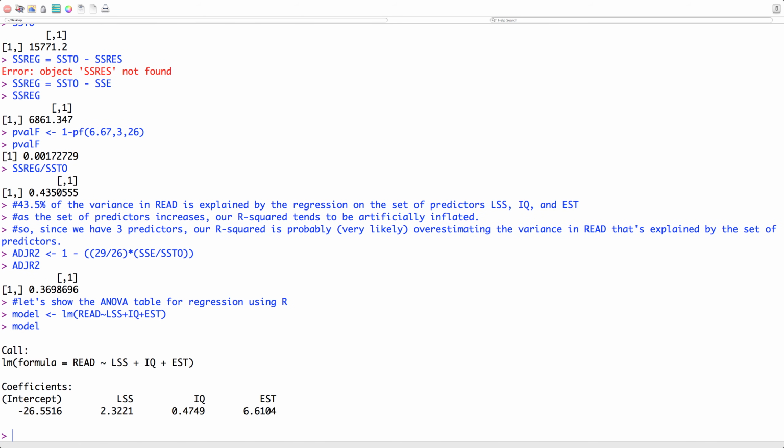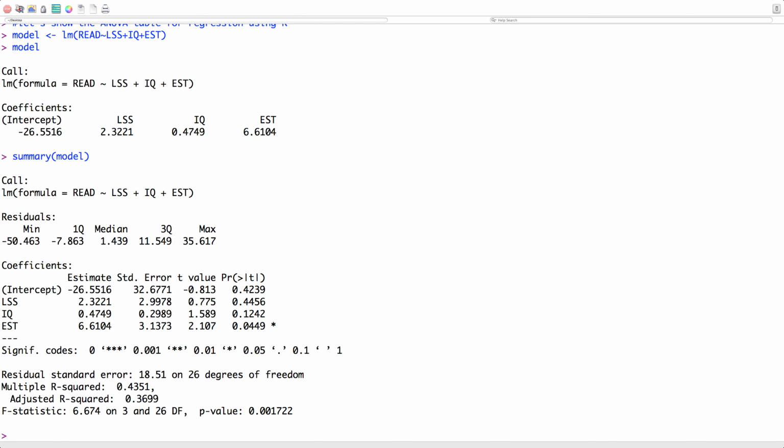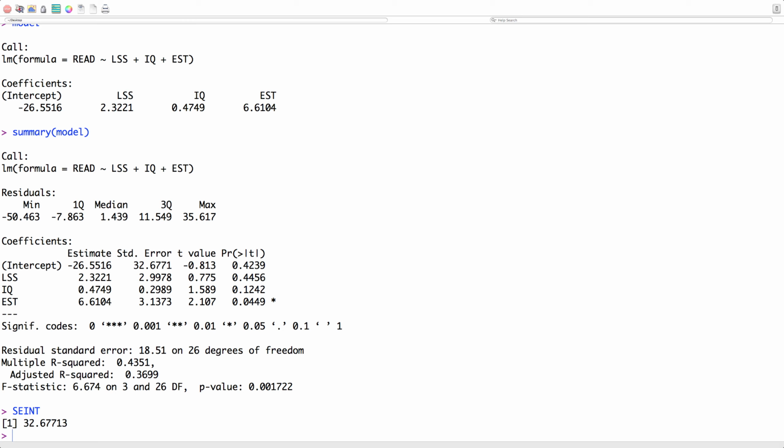So if we just do model, it's going to give us the coefficients, and you can see that the coefficients line up with what we showed earlier for our beta. Now you can do a summary for model, and it's going to give you the standard errors and other things. I encourage you to go back and look at the standard errors. I did the standard error for the intercept, 32.6771.